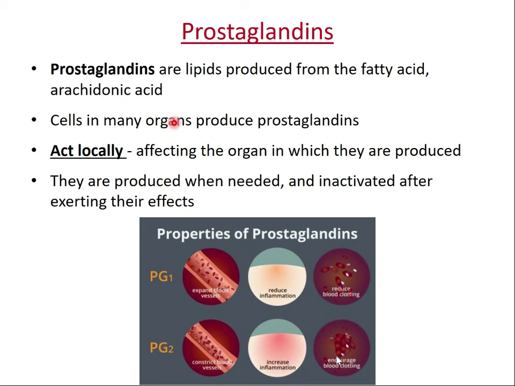When they are synthesized, they affect organs that are located close by. So prostaglandins can be used and then inactivated after their effect. And we see here that prostaglandins can be used in either reducing inflammation or even increasing inflammation. So, local response.